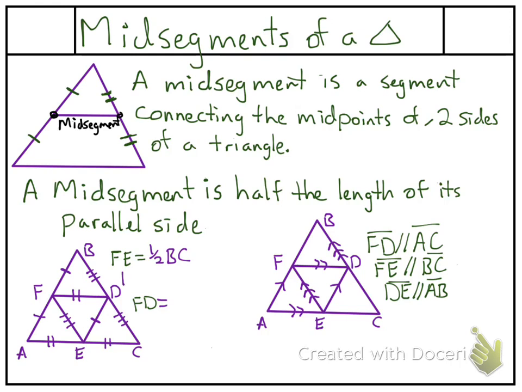We could also say, because we're cutting BC up at midpoints, that FE is the same as BD and DC, which we can see with these little 3 marks, 3 marks, 3 marks, they also match. Same thing with FD. FD is 1/2 the length of AC. We could also say FD is equal to AE and EC.